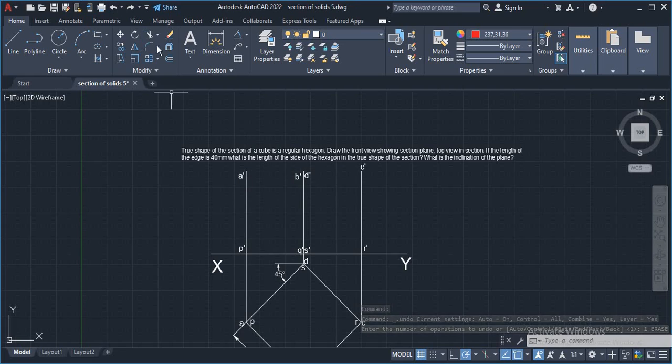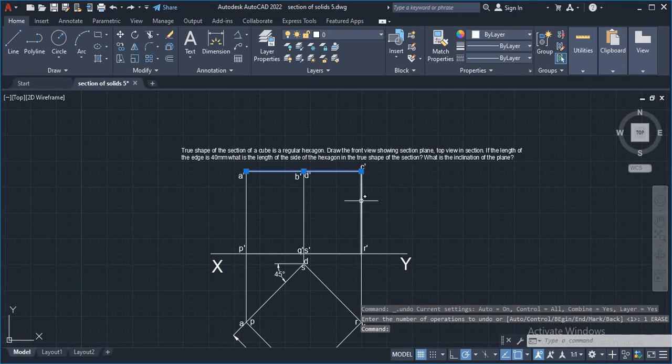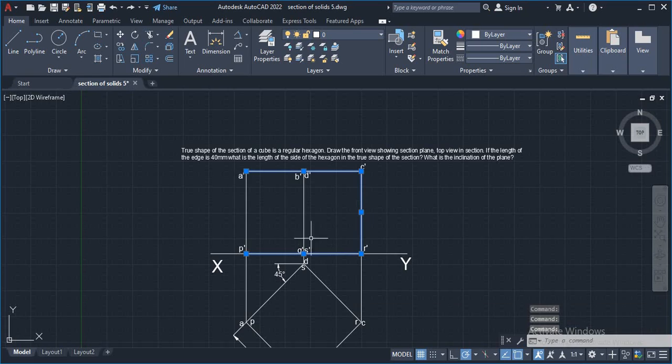Now join the points. So it is closed in the front view. This is the front view of the cube.